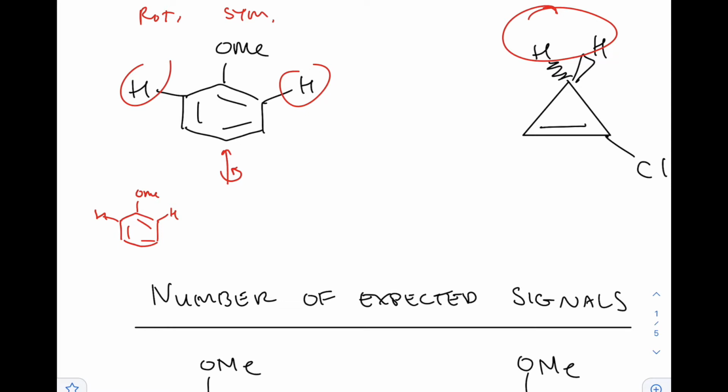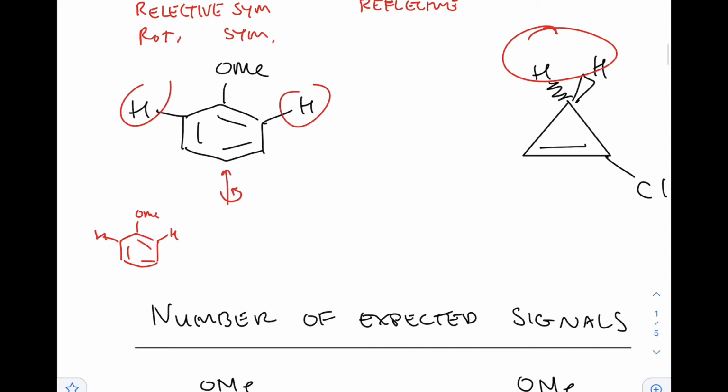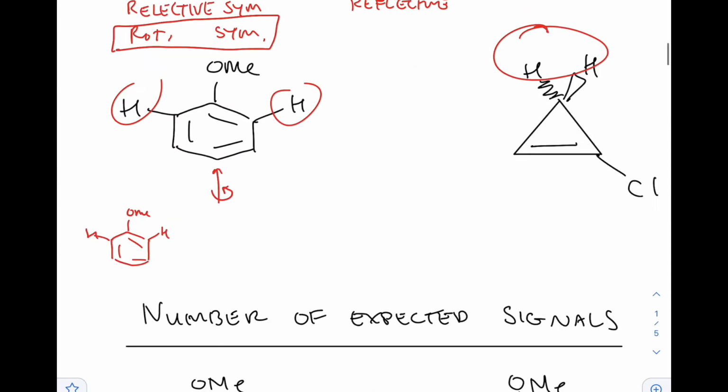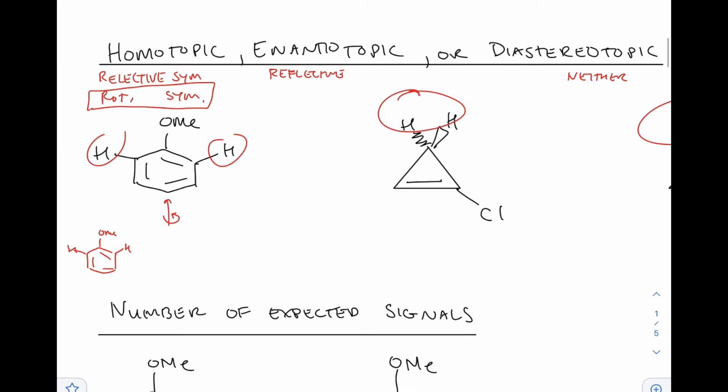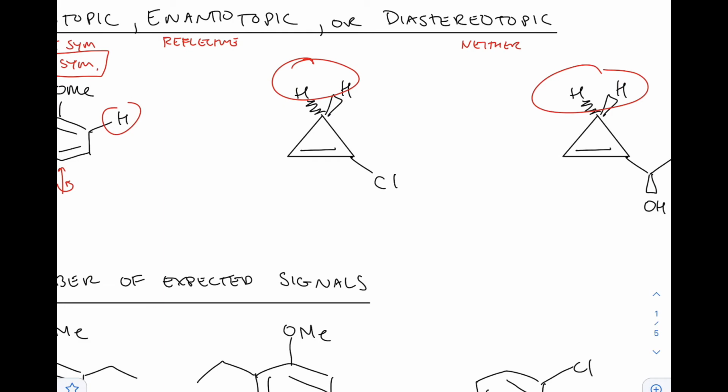That's what we mean by rotational symmetry. This has rotational symmetry, which technically automatically gives it reflective symmetry, but the only criterion we need to meet is rotational symmetry. I just felt like we needed to do both, then go to reflective for the enantiotopic, and then neither for the diastereotopic.